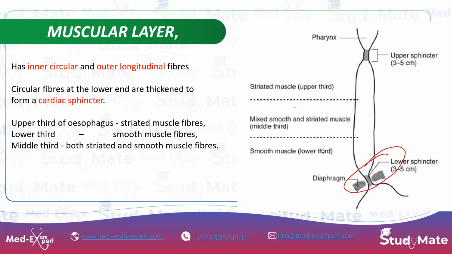The lower esophageal sphincter prevents the esophageal reflux. There's another sphincter at the upper end of the esophagus, which is also called the cricopharyngeus. And this is the narrowest point of the esophagus, जहाँ पे majority foreign body और food bolus stuck होता है.